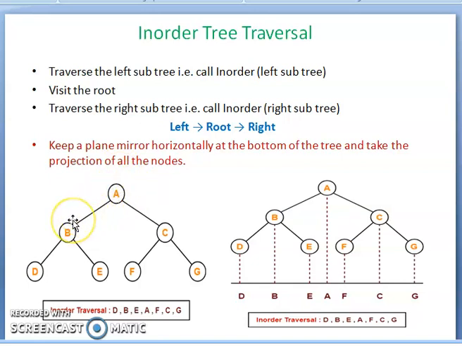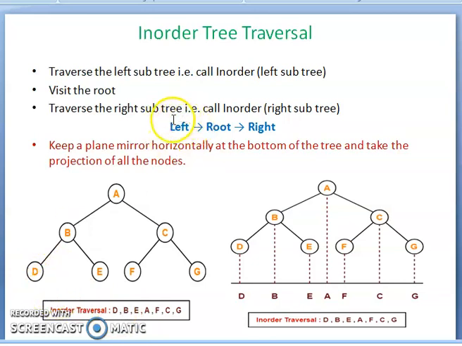If left subtree is there, now implement the in-order for the left subtree. Again left subtree is there, that means you always move left. Once you move left, identify whether there is any left subtree. There is no left subtree for D, and then visit D. Now you visit D. Once you visit D, then you go for the right subtree. There is no right subtree.